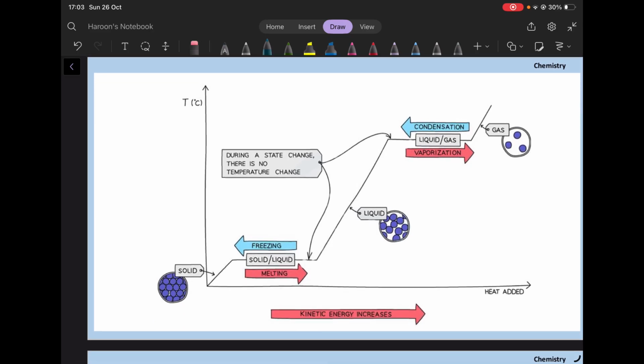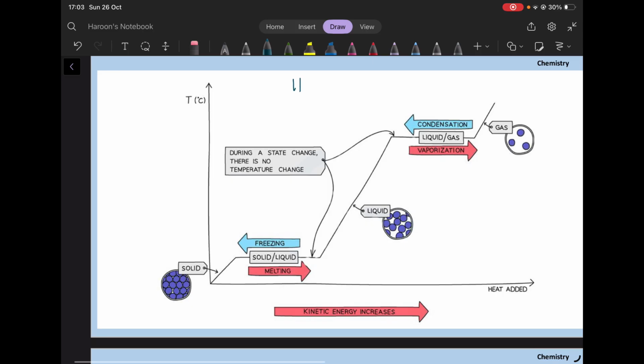We also have these heating curves. This is known as a heating curve. In a heating curve, basically we draw a graph and we check what is happening to the state of matter and the particles as the temperature increases or as we give it heat.